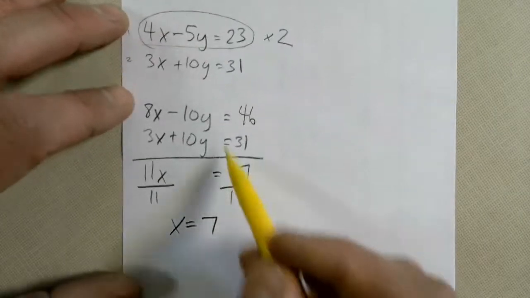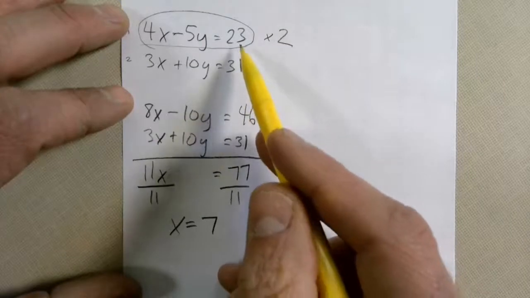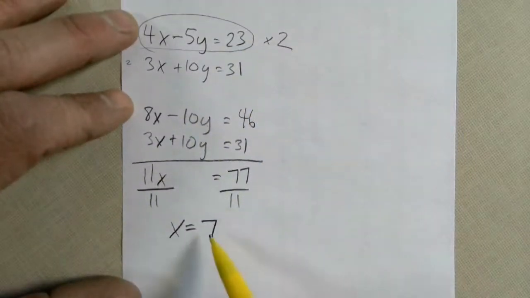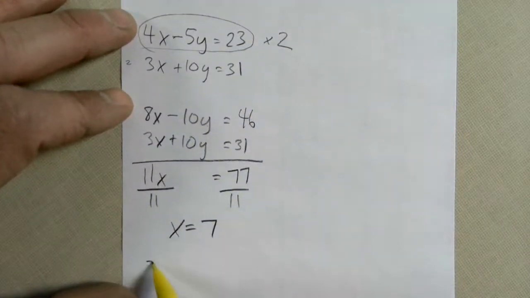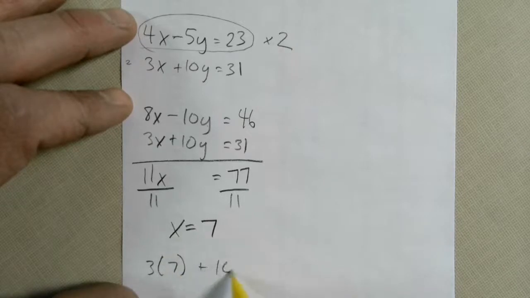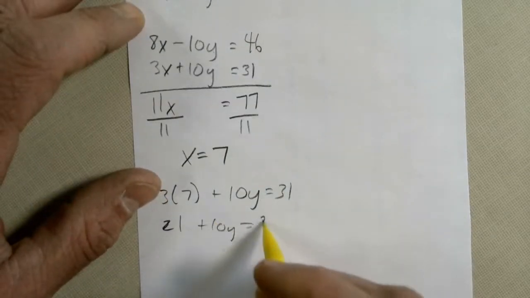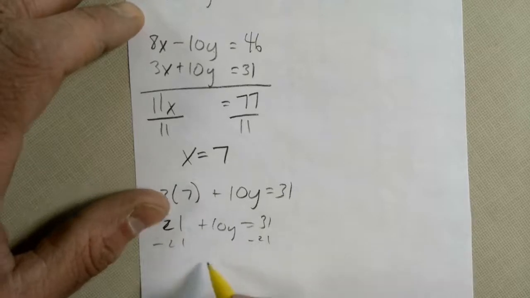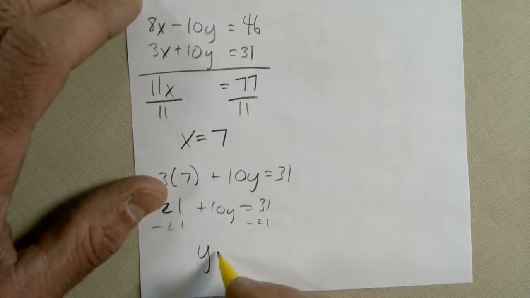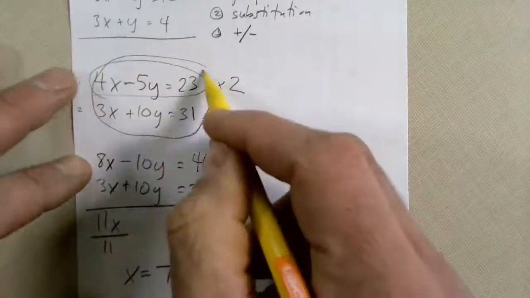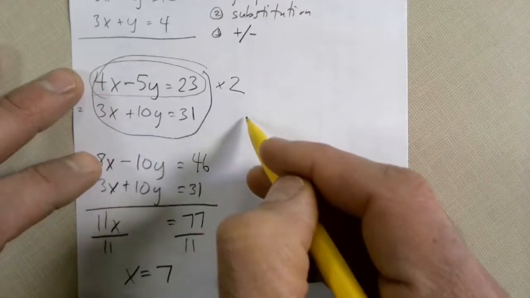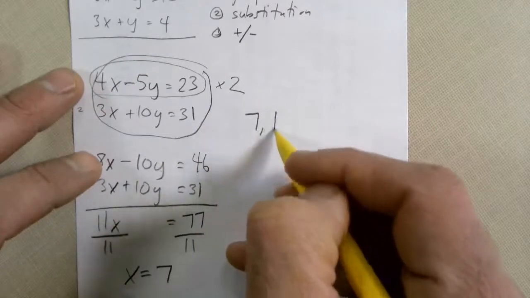Now we can go back to either one of the original two equations and plug 7 in, and we'll get 3 times 7 plus 10y equals 31. 21 plus 10y equals 31, minus 21 minus 21. y is equal to 1. So the solution to our original system of linear equations is 7, 1.